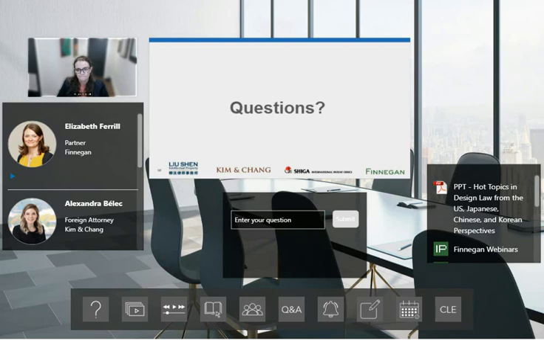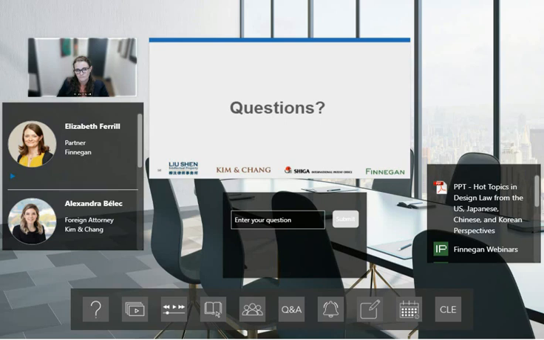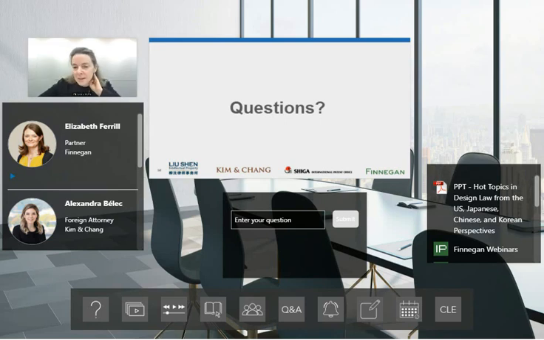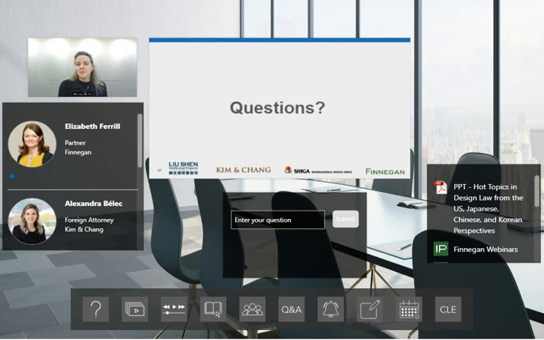Not really, actually. Would you say it's a popular area in Korea for people to file UIs? Are people filing a lot of user interfaces? Yes. There's a lot of filings for GUIs in Korea.